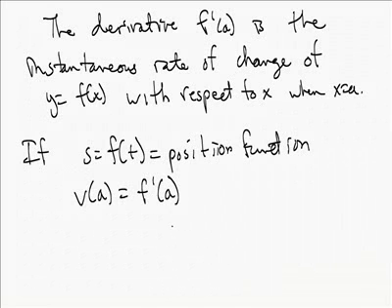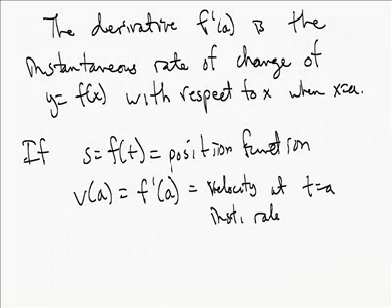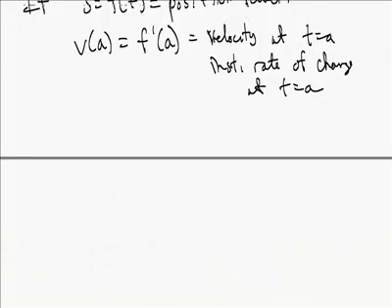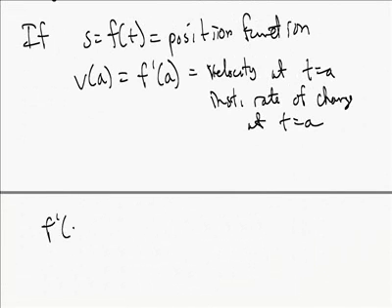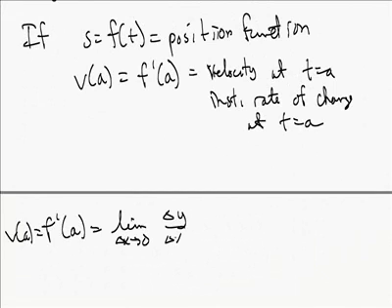It's the derivative, and this is going to be the velocity at t equals a, or the instantaneous rate of change at t equals a. And remember that the derivative f prime of a, which is what the velocity is equal to, can be thought of as the limit as delta x approaches 0 of delta y over delta x.